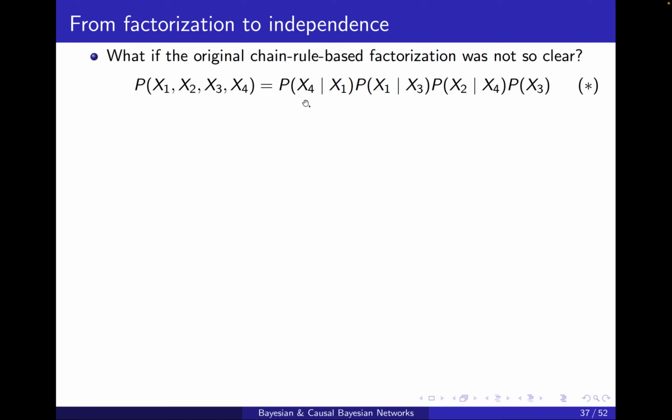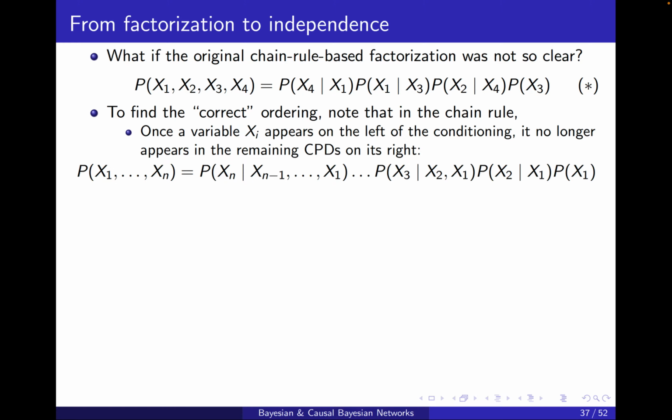Okay, so how can we find it? Well, there's a specific property in the chain rule factorization that we can use here. One obvious rule is that for sure each variable, like here x1, x2, all of them appears only once on the left side of the conditional notation.